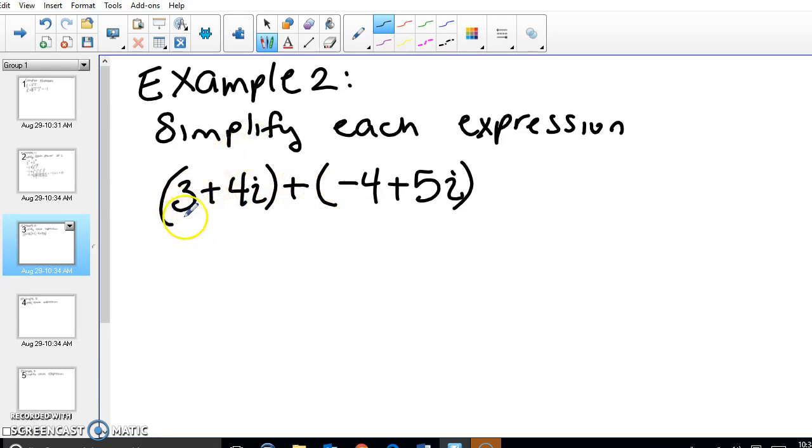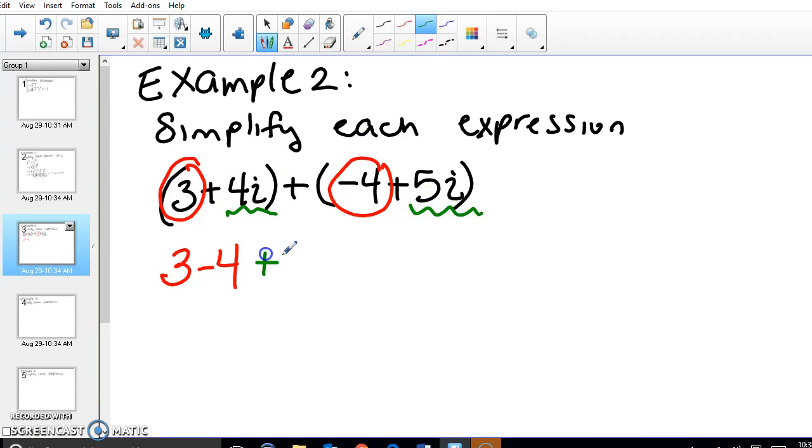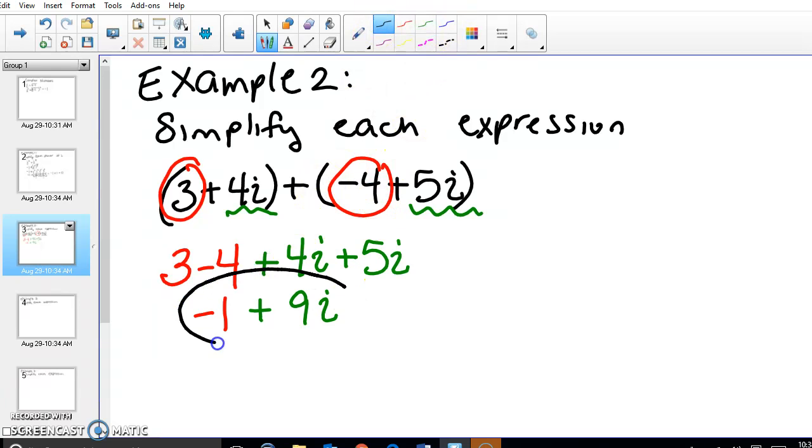So the first thing we're going to do is to combine our numbers. So 3 minus 4. And then we're going to look at our i's. We have plus 4i plus 5i. So 3 minus 4 is -1. And then 4i plus 5i is 9i. And so this is our solution.